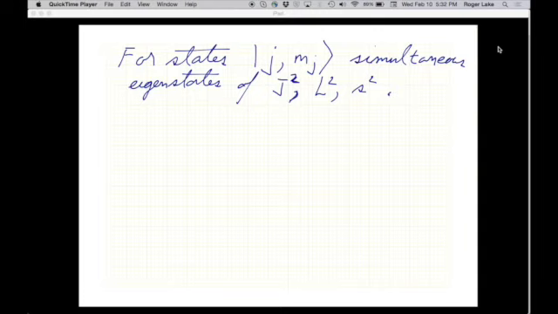So S is 1/2, always, right? The z component of S will be plus or minus 1/2, but S is 1/2 because we're just talking about a spin 1/2 electron. S is 1/2, and the m component is plus or minus 1/2.